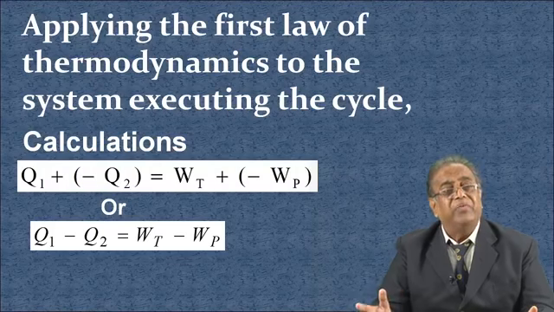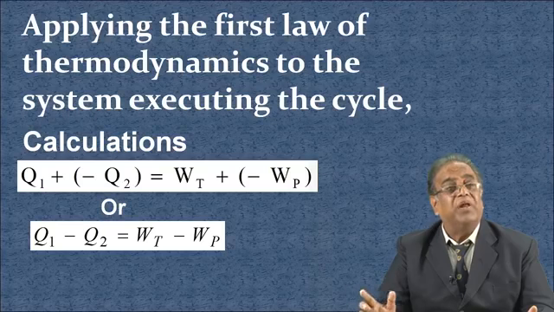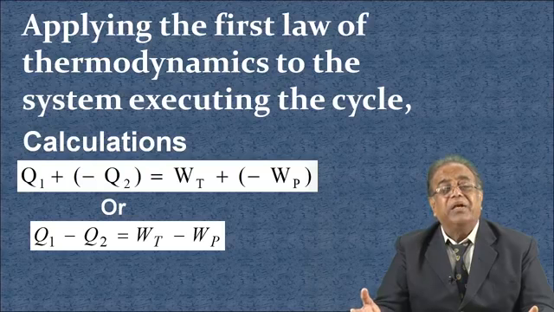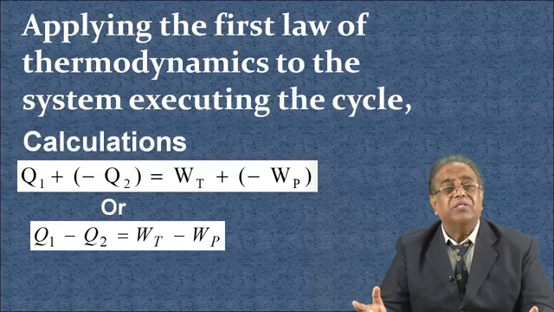Q2 is heat given out from the system, so it is considered negative by sign convention. WT is the work done by the system, so it is positive. WP is work done onto the system, so it is negative. So we get Q1 minus Q2 is equal to WT minus WP.